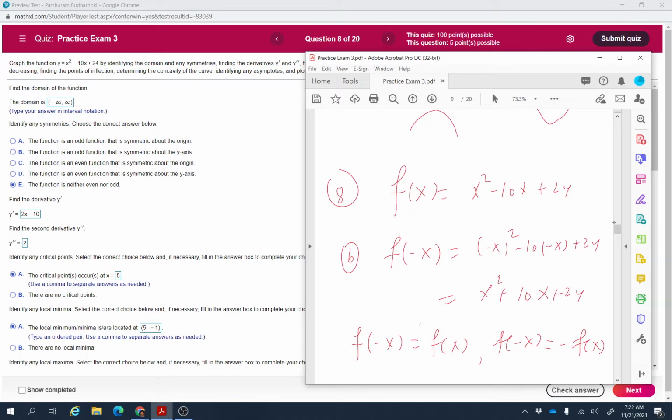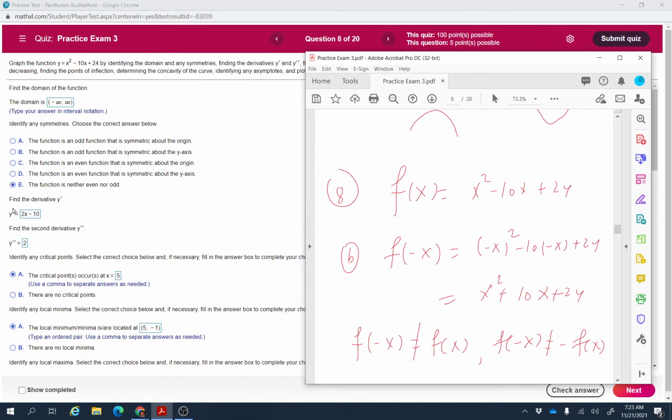This is not equal to the function itself, and if you multiply this function by a negative sign, the value is still not equal to negative f of x. The meaning of that is this function is not symmetric. The function is neither even nor odd. This is for even, that's for odd, but because this value is not equal to either one, it's neither.